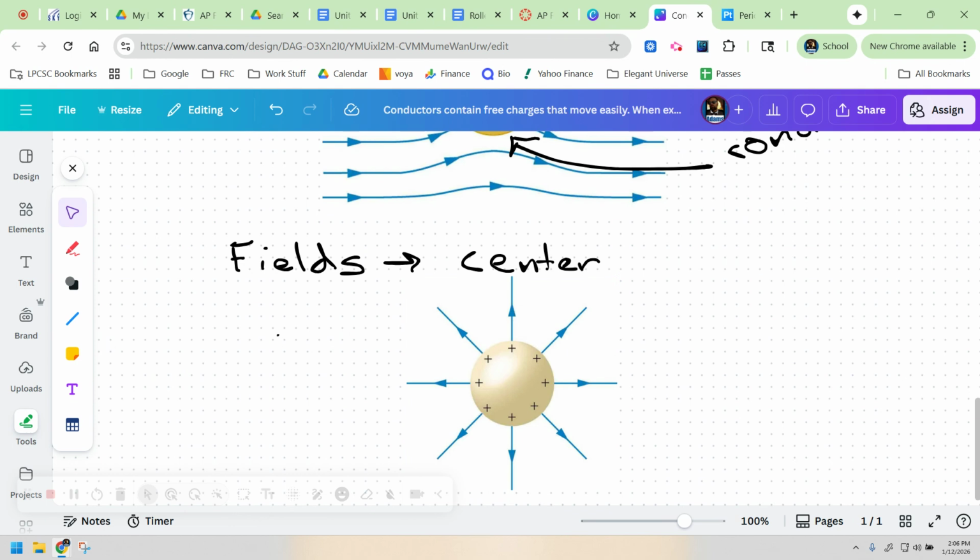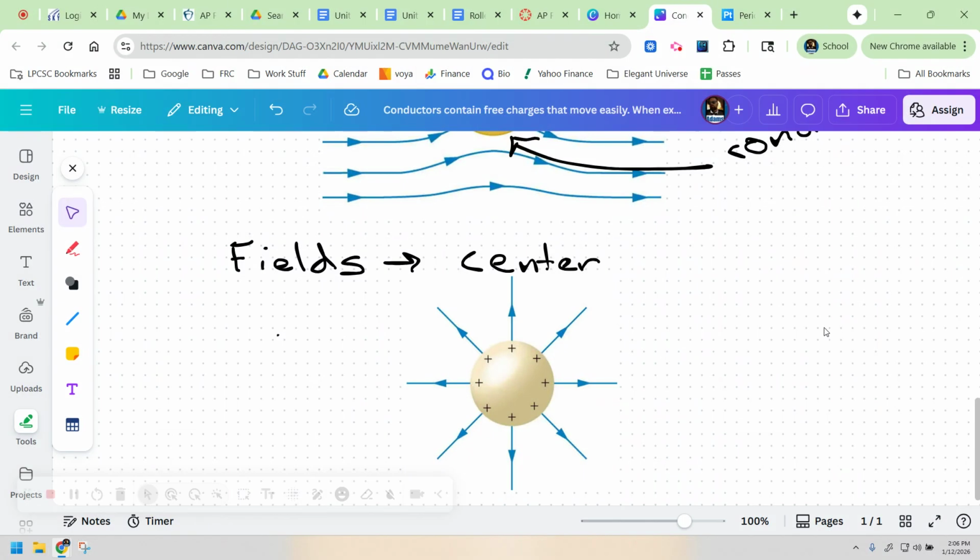Now, the mutual repulsion of excess positive charges on the spherical conductor distributes them evenly on its surface, and so the resulting electric field is perpendicular to the surface and zero inside. Outside the conductor, the field is identical to that of a point charge in the center equal to the excess charge.